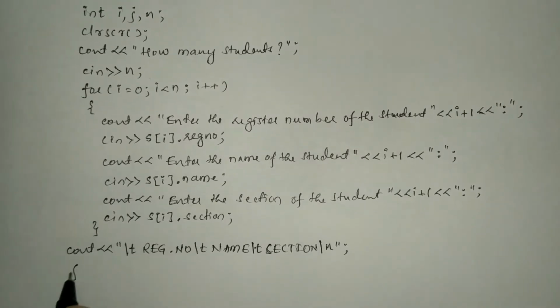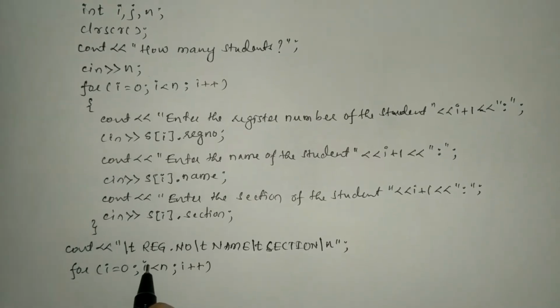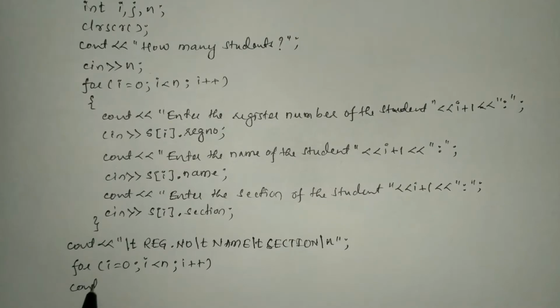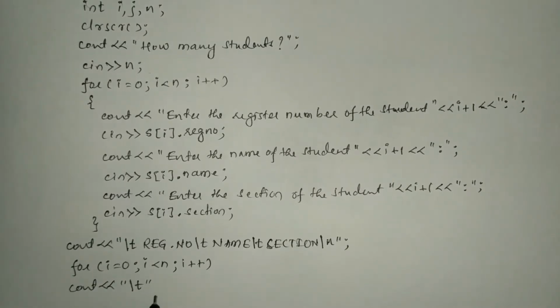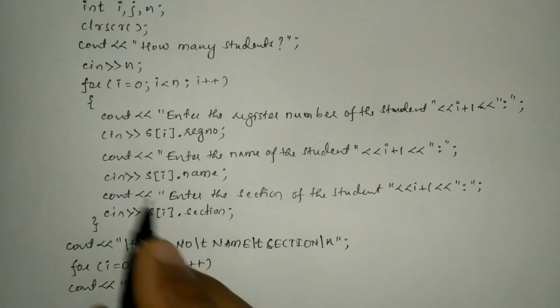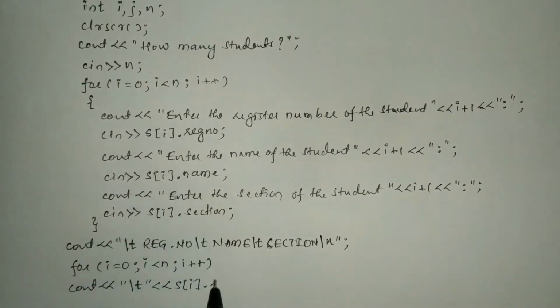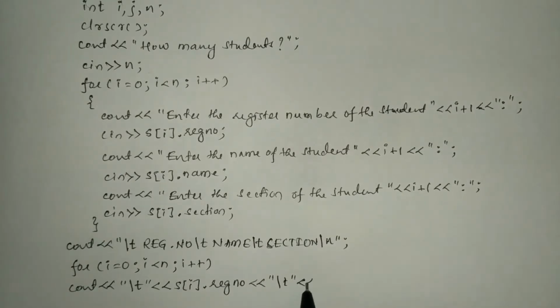We'll use the same iterative statement for i is equal to 0, i is less than n, and then i plus plus. Now we are going to write cout, in a double quotation mark, \t, which provides the tab space. Next, stream insertion operator s of i dot register number, I'll write reg, stream insertion operator, in a double quotation mark \t, that is a tab space.